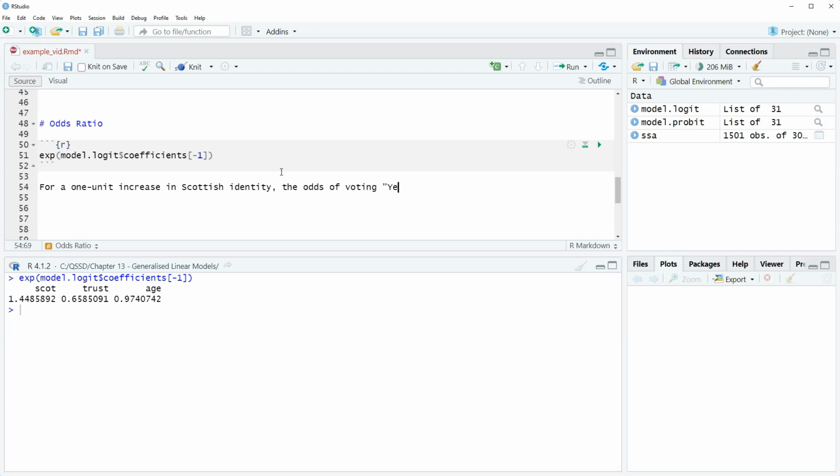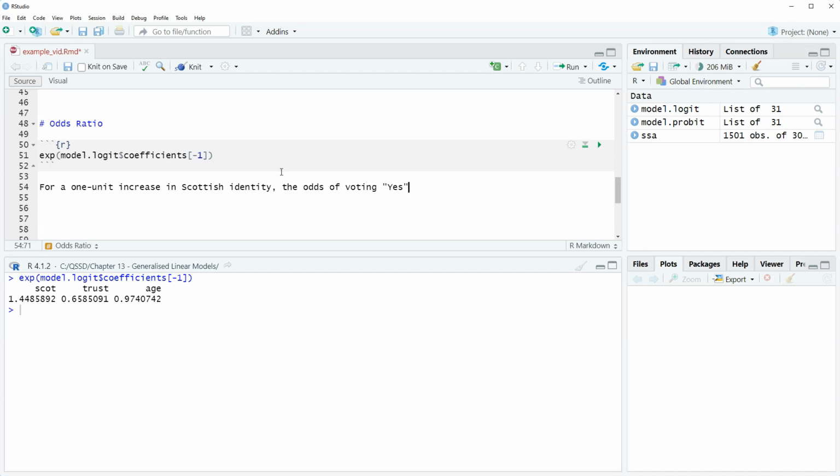yes. Okay, so this is in reference to our outcome variable, which is people's planned vote, which I know is weird language. I've just been saying voting yes, voting no, but planned vote for the Scottish referendum in 2014.